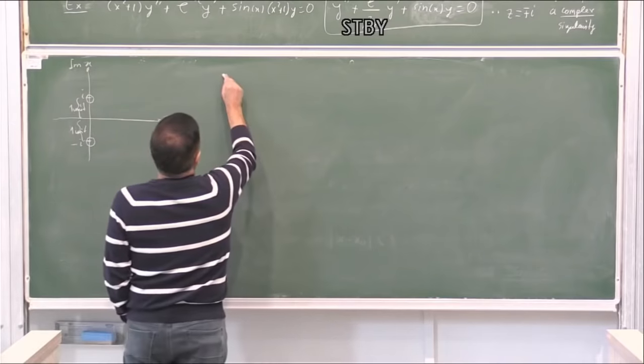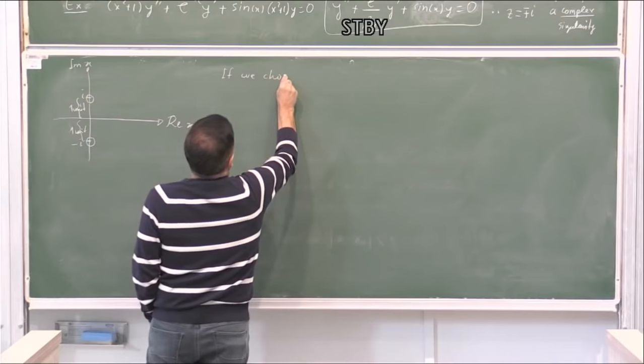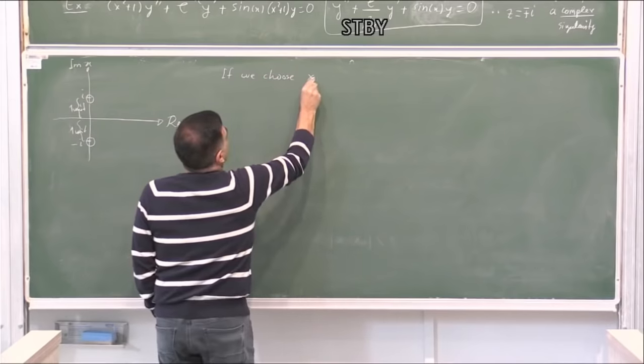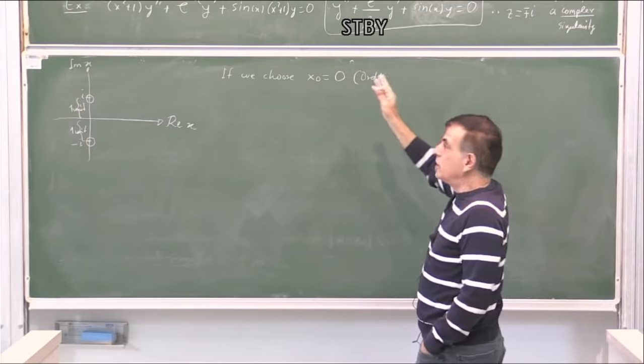So if we choose x0 equal to 0, which is an ordinary point. So all real numbers are ordinary points.